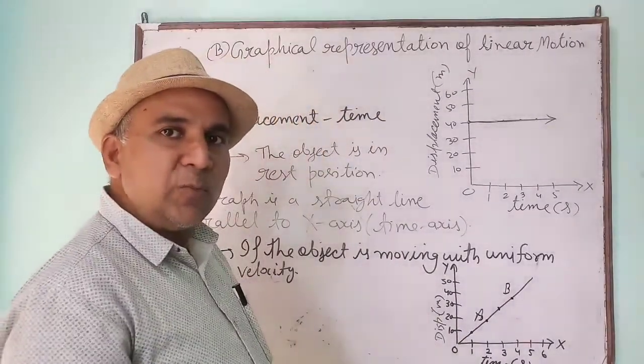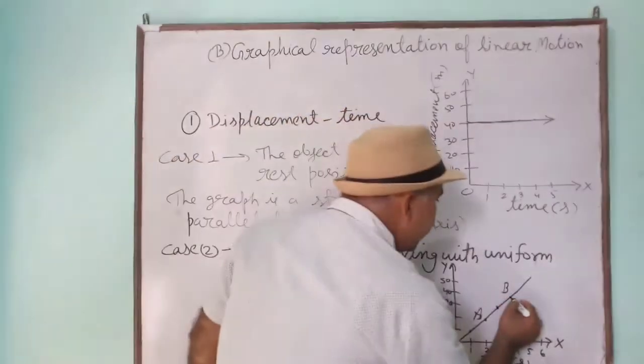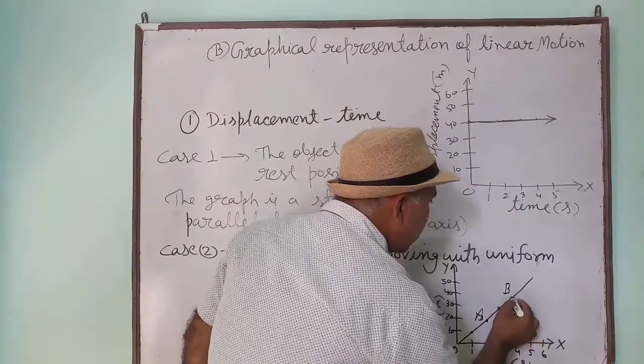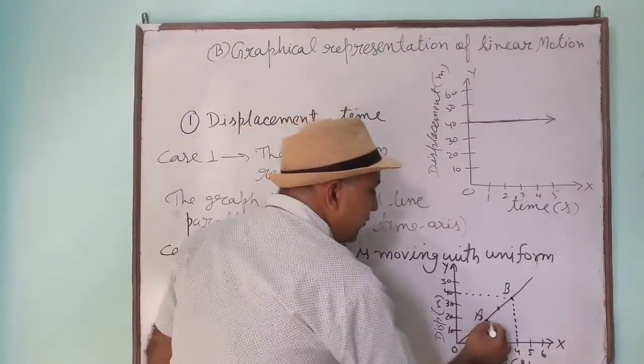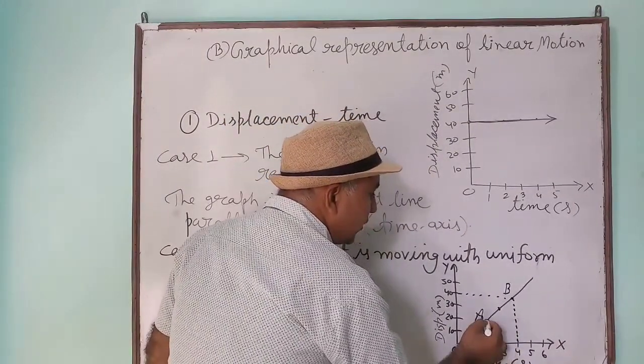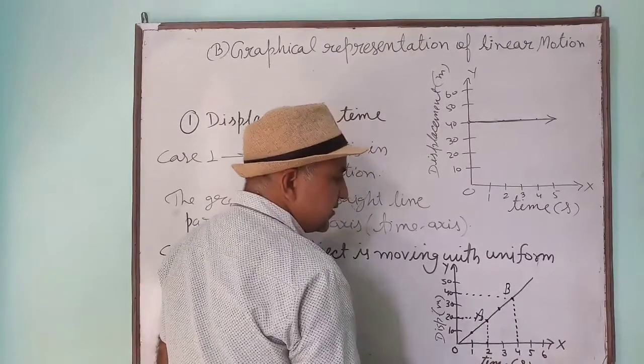To find the slope of AB, from B we will draw a perpendicular on the x-axis and a perpendicular on the y-axis. From A also one perpendicular on the x-axis and y-axis.